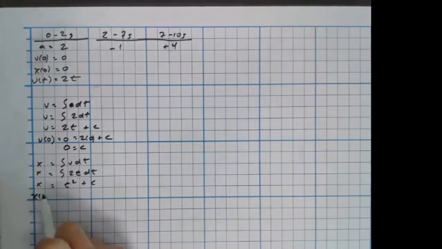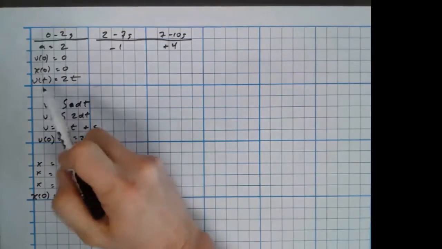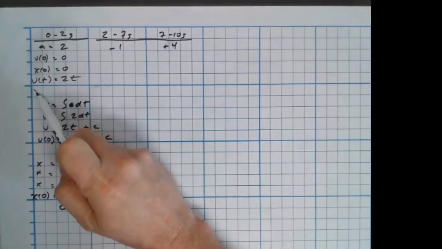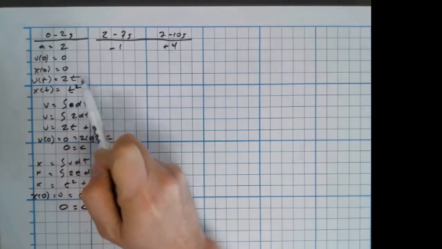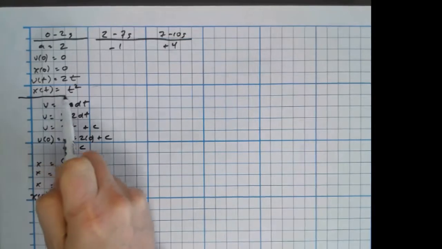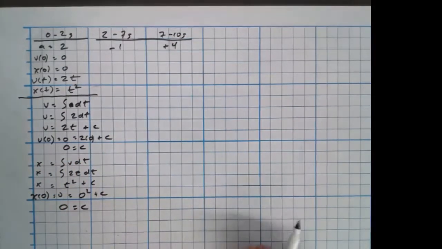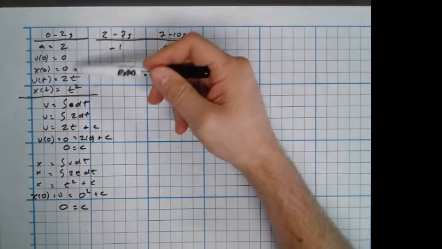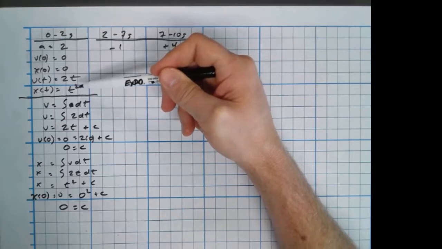So x of 0 equals 0 equals 0 squared plus c. That must mean that that c is also 0. Okay, so the position function for those first 2 seconds is t squared. X of t equals t squared. There we go. So I figured out exactly what the velocity function is and what the position function is for those 2 seconds, but this only applies for those 2 seconds.